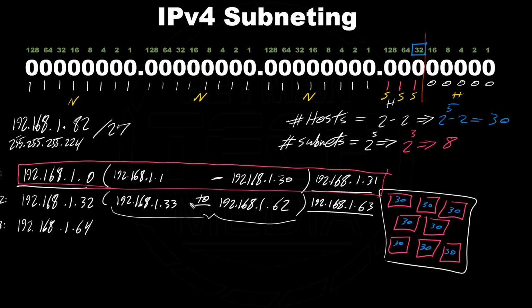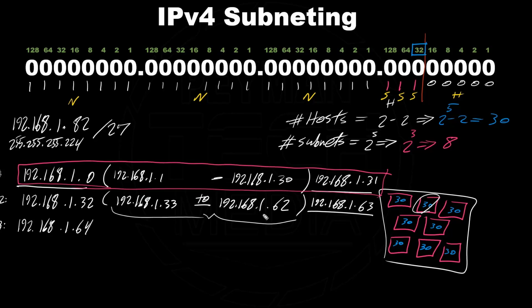So let's say if this is our other subnet, for example, and we have 30 available IP addresses in that subnet as well. Again, here we can see 1.33, 1.34, 1.35 to 1.62. That should be 30 available IP addresses.